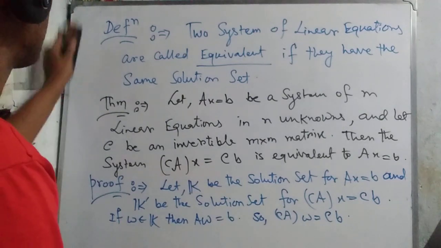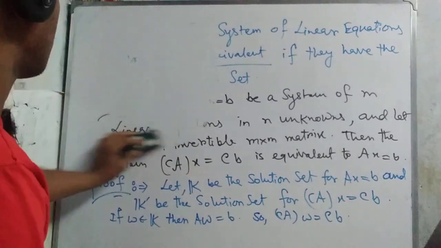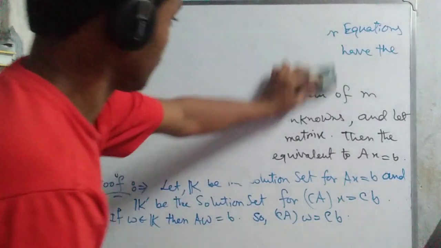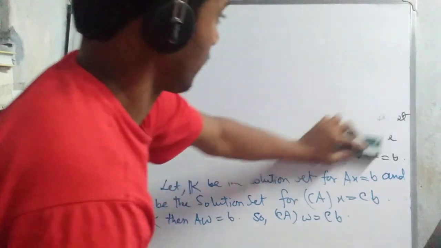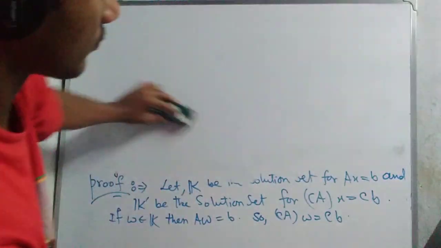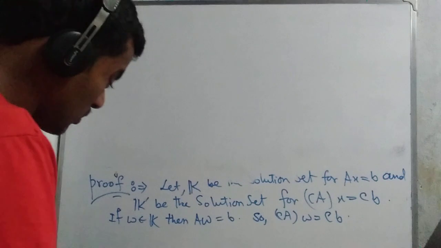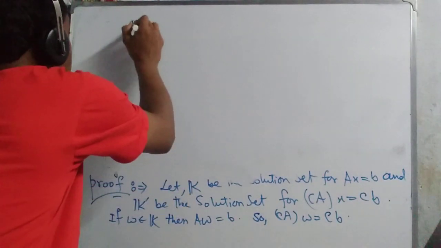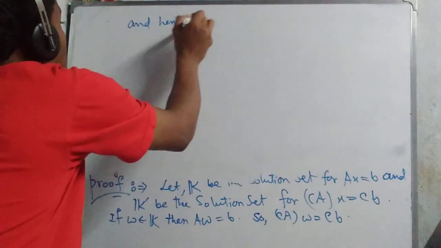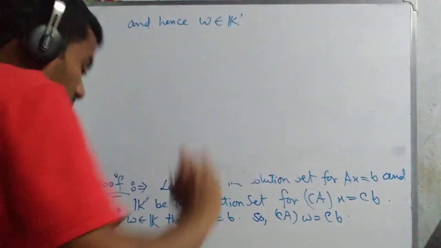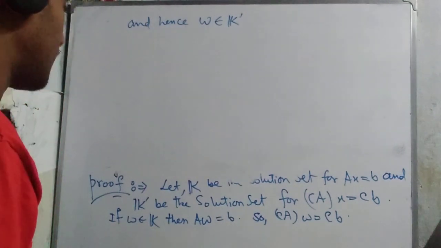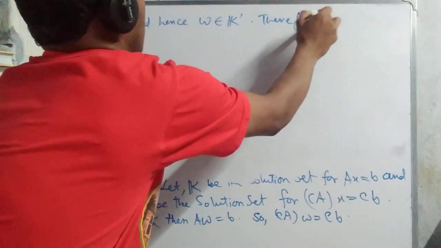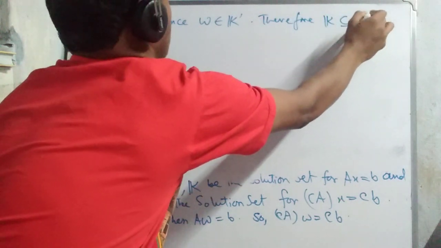We erase this portion and go on to further discussion. Hence W belongs to K dash. Therefore K is a subset of K dash.